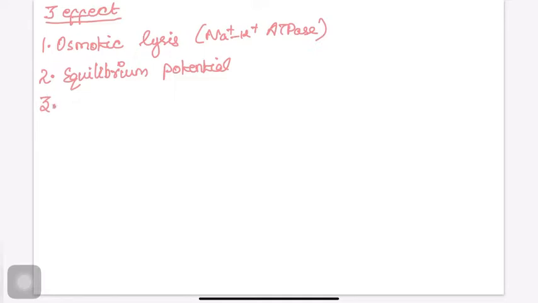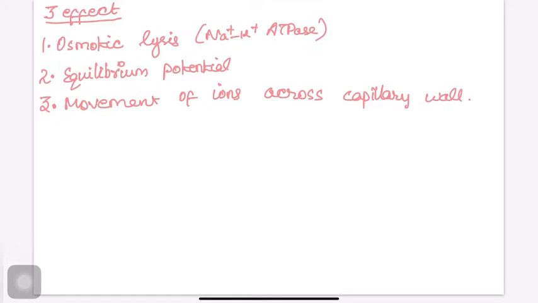And third, what is it? It is the main effect for movement of ions across the capillary wall. Okay, these are the three main effects of Gibbs Donnan effect.